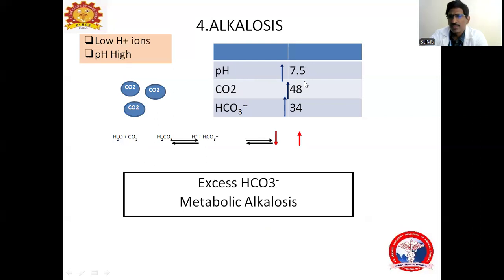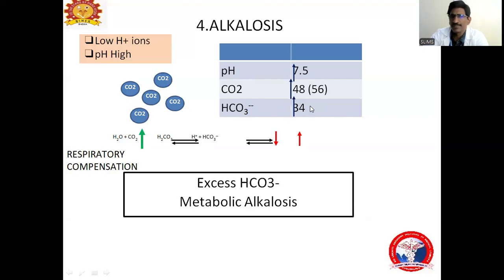Look here. So the body cannot remain the same. When there is H plus ion deficiency, what the lungs do is accumulate carbon dioxide so that there is an increase in hydrogen ion to compensate. So carbon dioxide also increased. Bicarbonate is also increased.